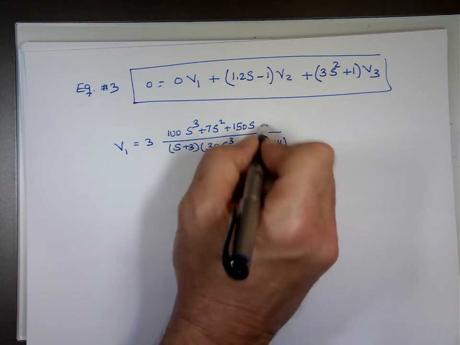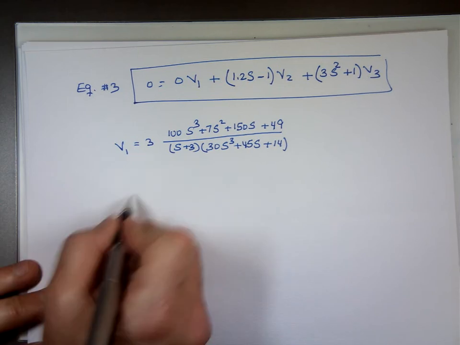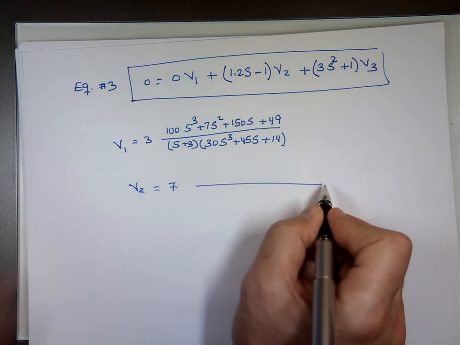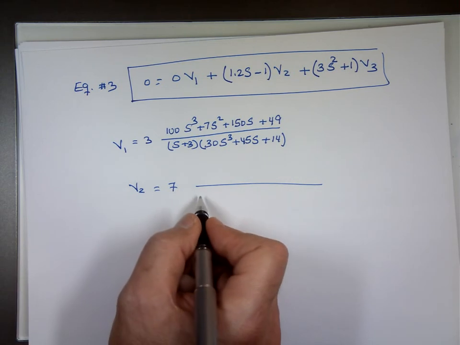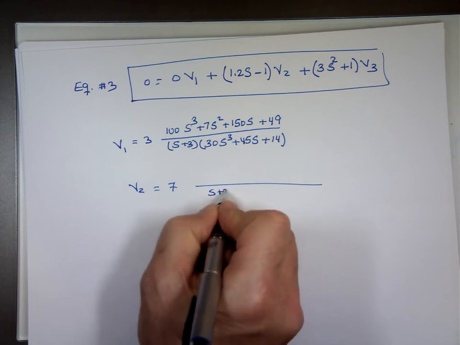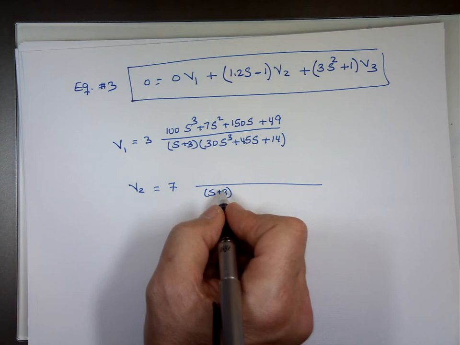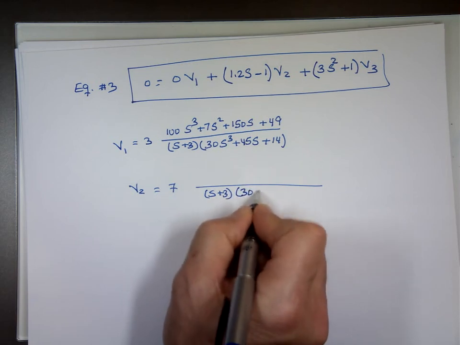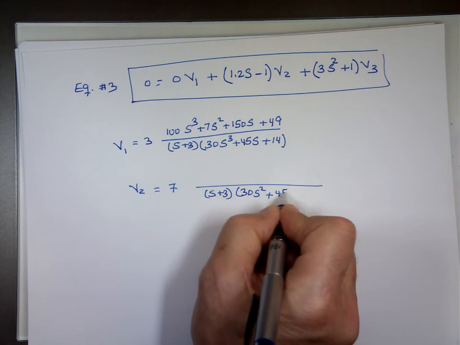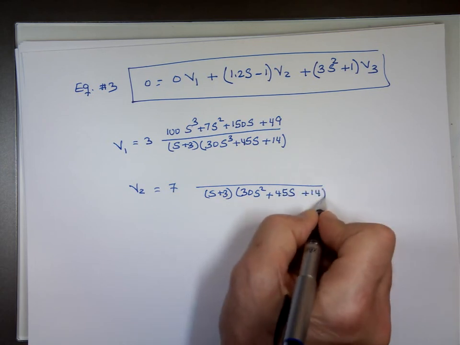And you can do V2 as a function of S. It's 7 times S plus 3, over the same thing: 30S cubed plus 45S plus the 14. I have to switch to exact. At the top will be 3S squared plus 1.